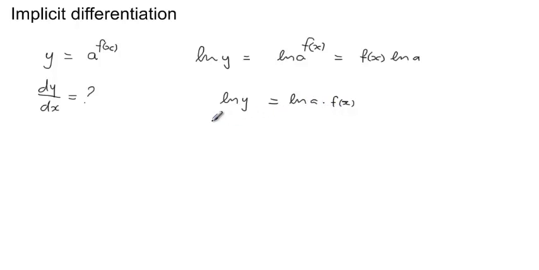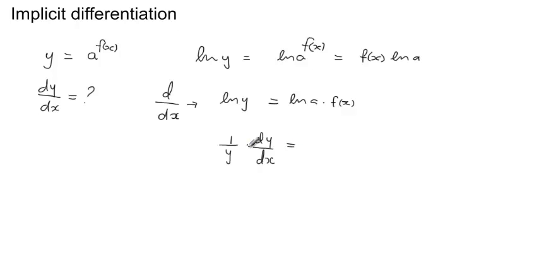So now, if we differentiate both sides with respect to x, what are we going to get here? We get the derivative of ln the usual way: it is 1 over the argument multiplied by the derivative of the argument.